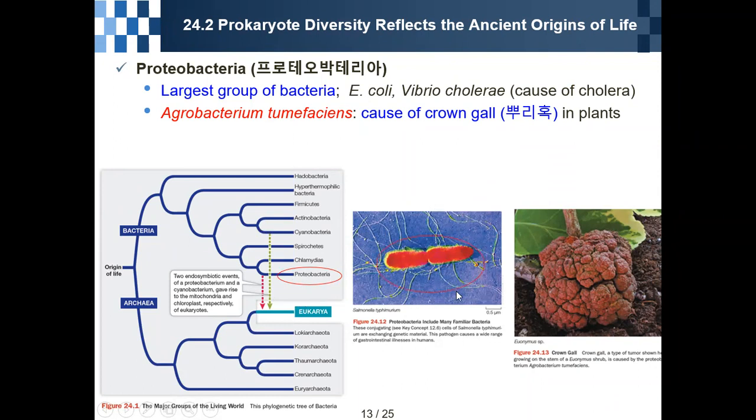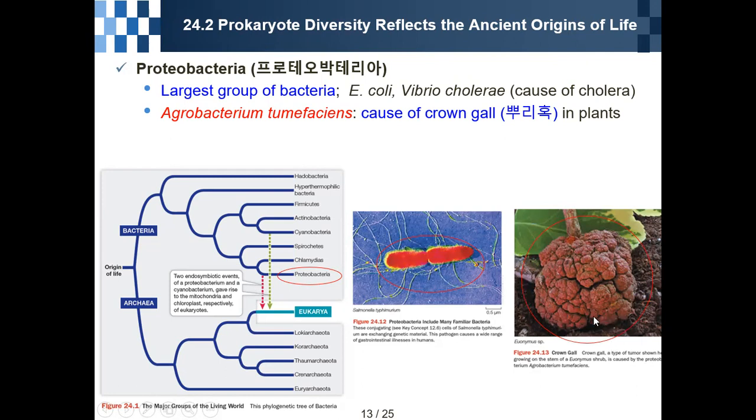Especially Agrobacterium tumefaciens also belongs to the proteobacteria. It causes crown gall in plants, so it makes a kind of cancer in plants, like this.